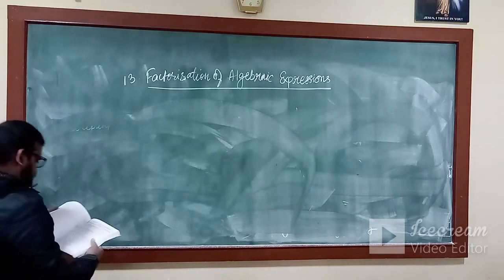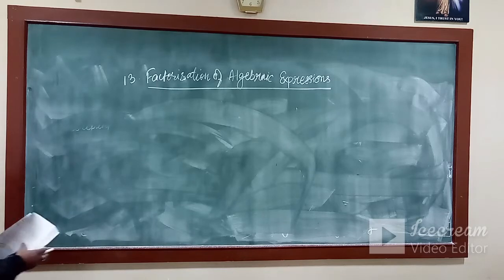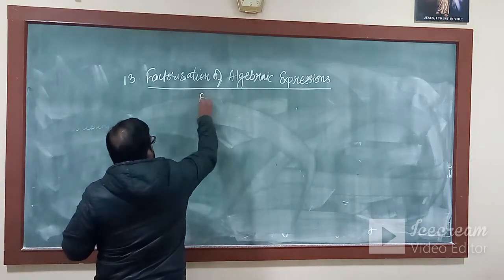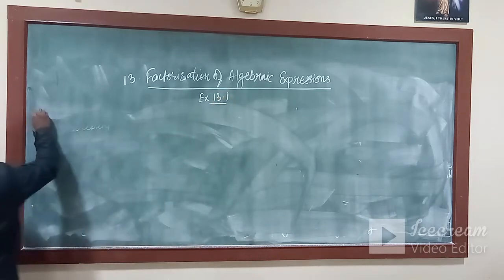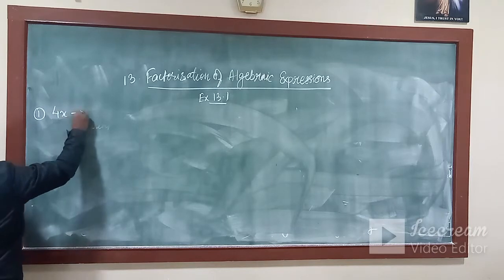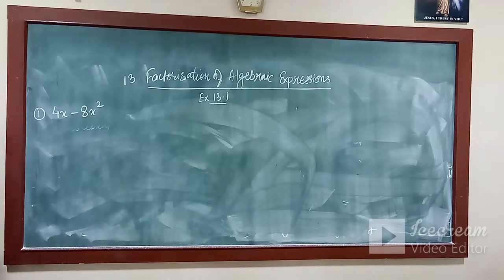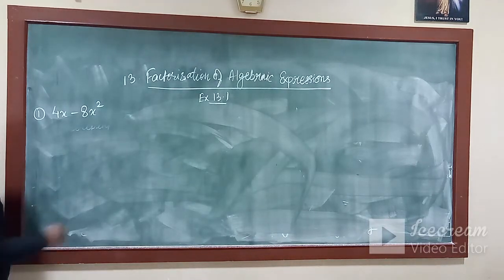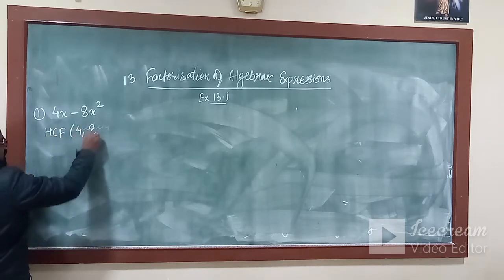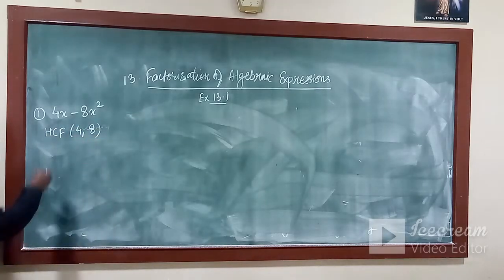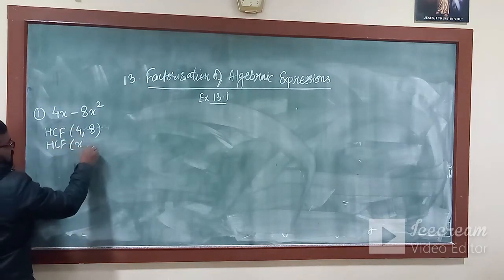So the first method that we are going to use is the common factor method. Just see and learn the steps. Suppose I have 4x minus 8x square, and we have to factorize it. First, there are two numbers, 4 and 8, so we take the HCF of 4 and 8, and there are two variables, x and x square.